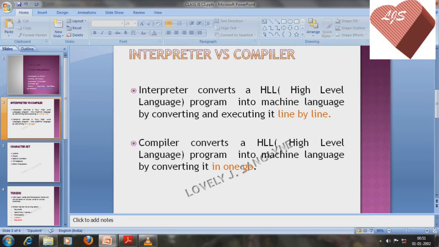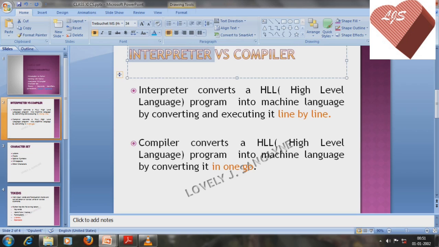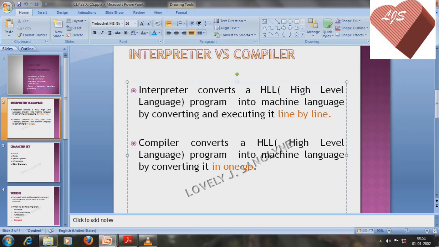An interpreter converts the language into machine language line by line, and it is different from a compiler, which is also another type of translator.